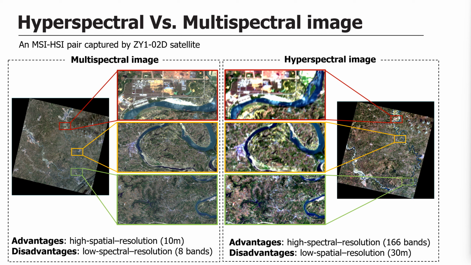Spatial and spectral resolution are two important domains to describe our target of interest. Therefore, combining the high spatial resolution and the high spectral resolution to generate a high spatial resolution hyperspectral image is of great importance.